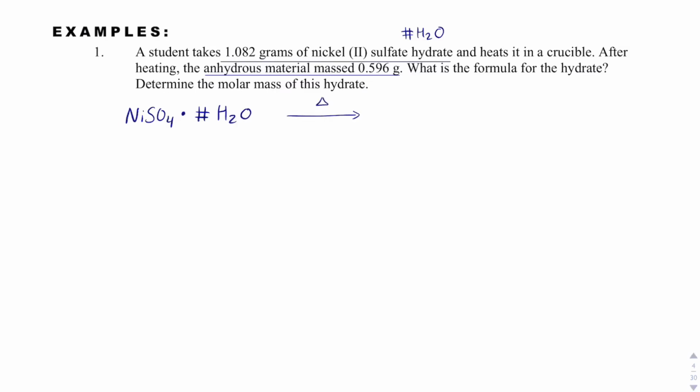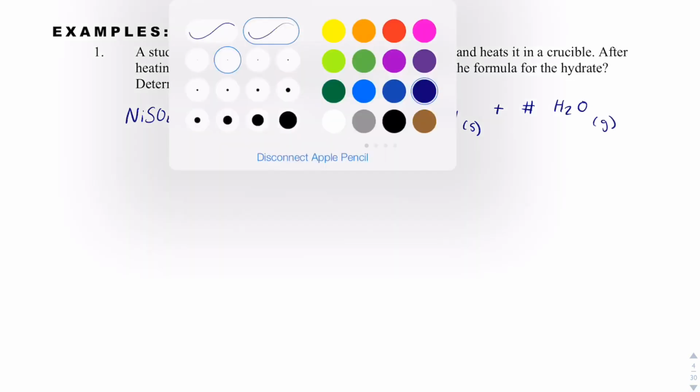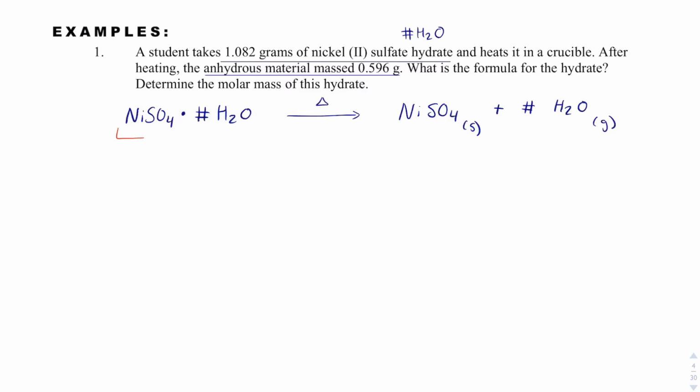I'm going to heat it, and assuming that I've done the lab correctly, where I heat until a constant mass to indicate that all of the water has likely been removed, I'm going to get my anhydrate, and then I'm going to get my water vapor. And the problem tells me, I'm going to mark this up a little bit, that this is 1.082 grams. And this guy is 0.596 grams.